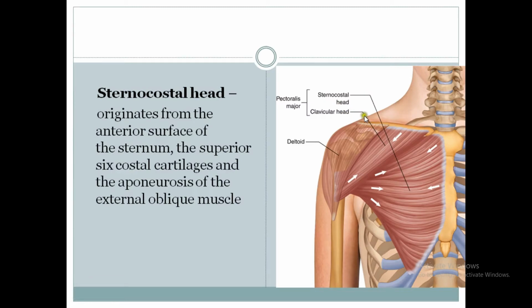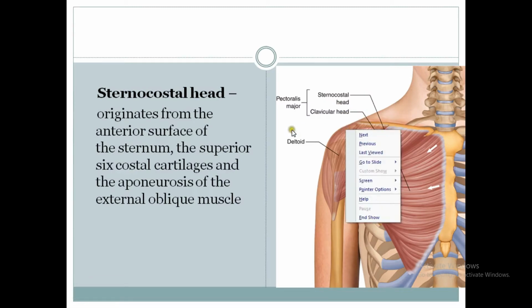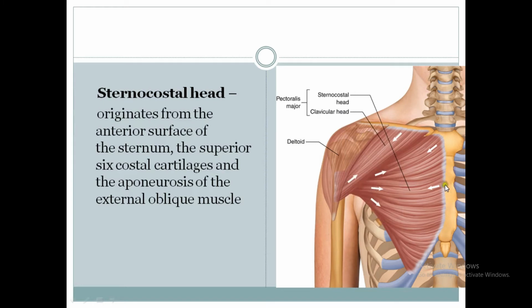Then comes the sternocostal head. The sternocostal head of the pectoralis major originates from the anterior surface of the sternum, the superior six costal cartilages, and the aponeurosis of the external oblique muscle. Now, what are the costal cartilages?